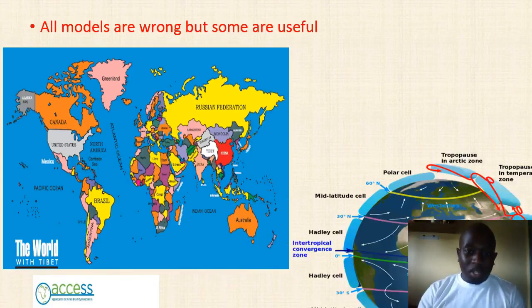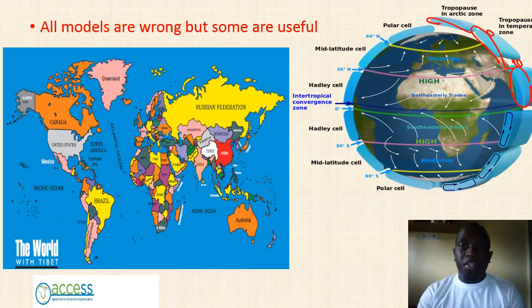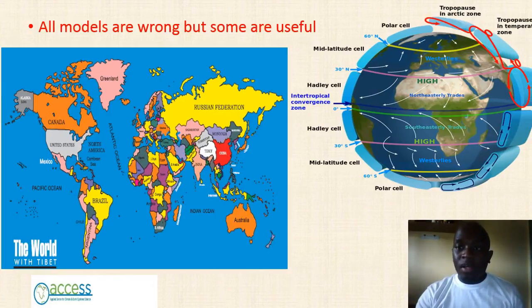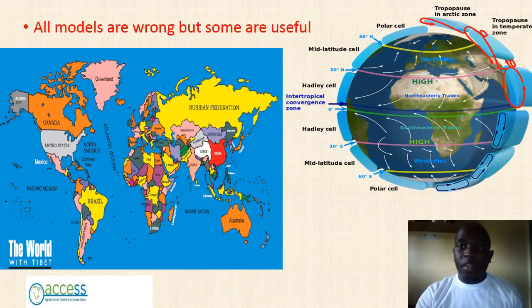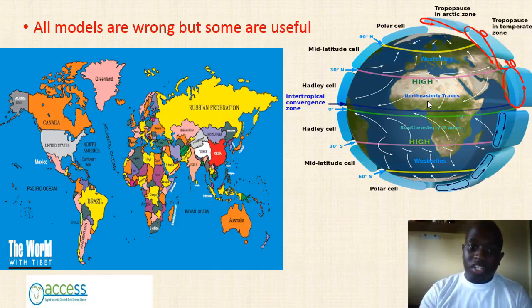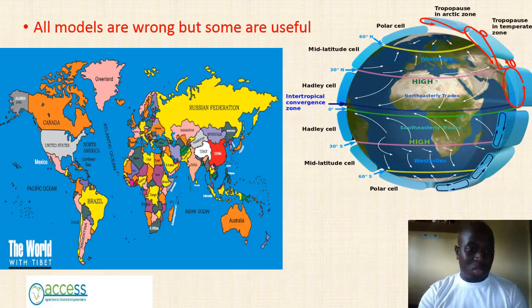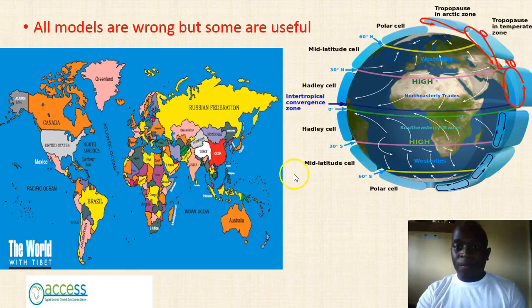Now, let's look at these two pictures. We have the spherical earth here, and we have the flat earth here. If you can check closely, this one shows us air circulations, but this one shows us a better view of how many continents we have and how our continents are situated.